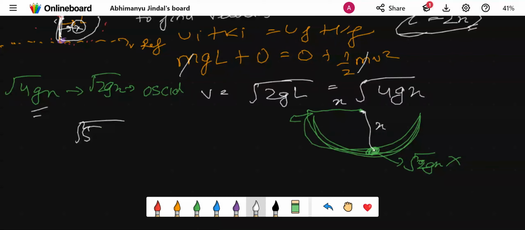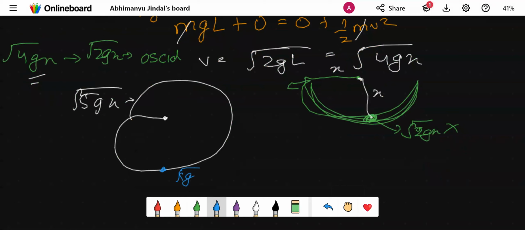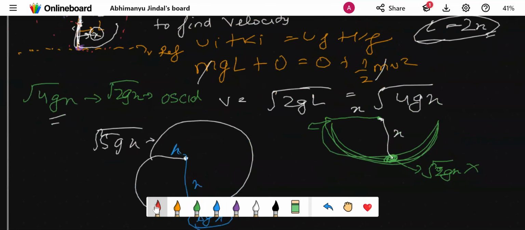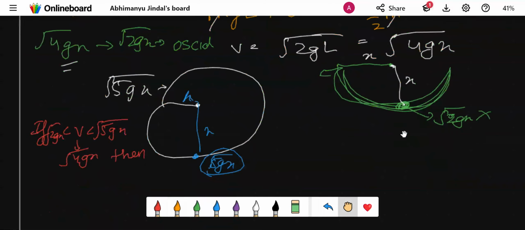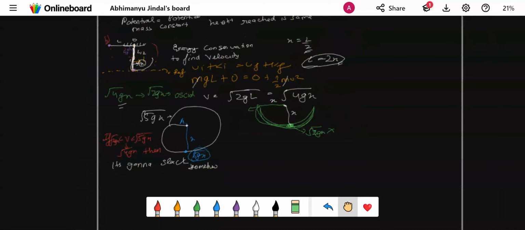And remember root 5gx: to complete a full circular motion, the minimum velocity at the bottom has to be root 5gx, where x is the radius. So here it's root 4gx. When v is between root 2gx and root 5gx, then the string is going to go slack somewhere. This is the first important concept that we had to use here.